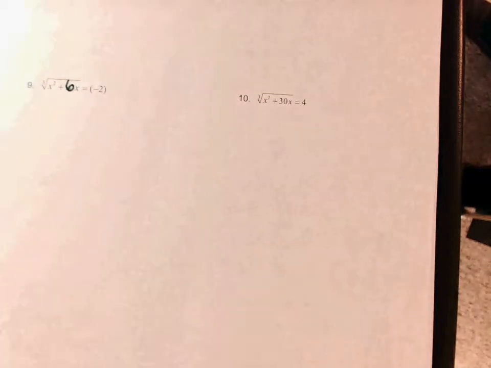X squared, 2 pages, negative 8. Hey, y'all, on number 9, this should be a 6. Okay, we're changing number 9 to be a 6 instead of a 10. Okay, and we're working 6x.